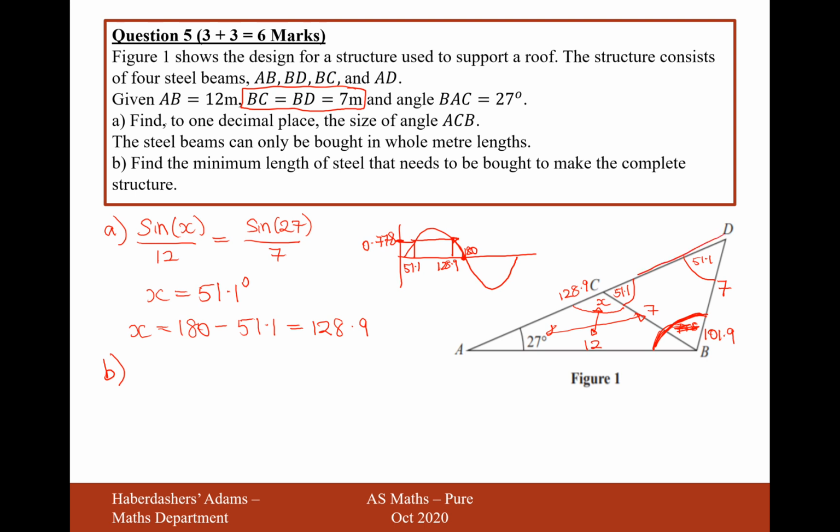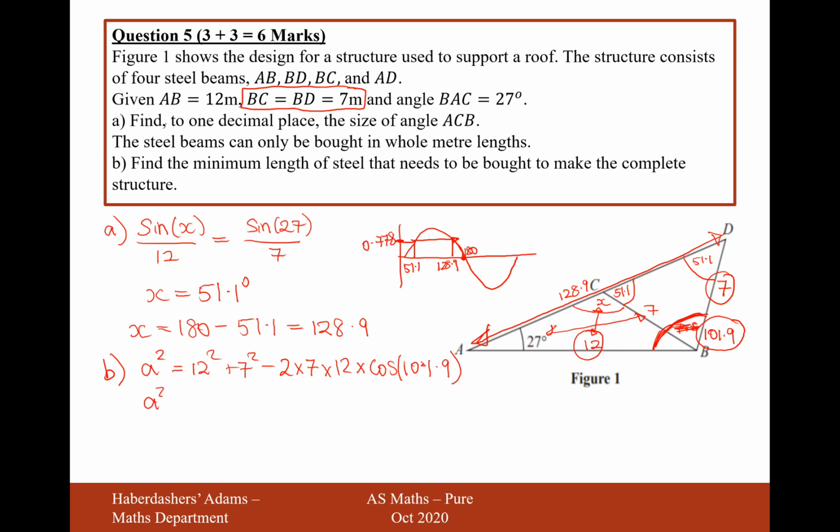So now what we're looking to do is in one swoop work out what the length from A to D is, because we've got 12, 7 and 7, we just need to work out what AD is equal to. So we'll use this 101.9, this 12 and this 7 here, and do a cosine rule on it. So it's going to be a squared equals 12 squared plus 7 squared minus 2 times 7 times 12 times cos of that 101.9.